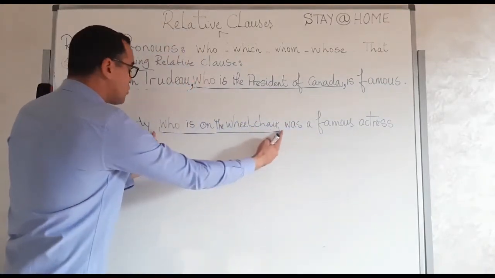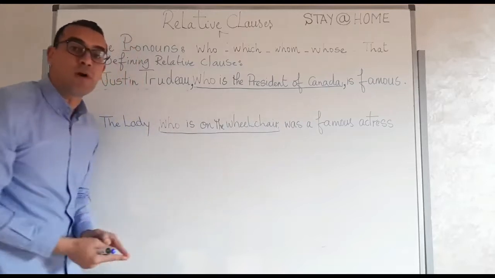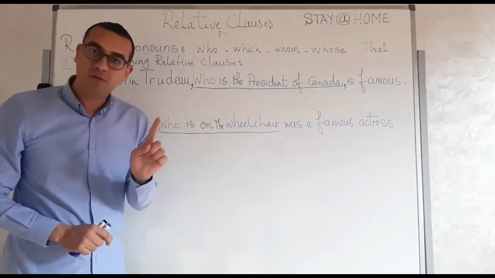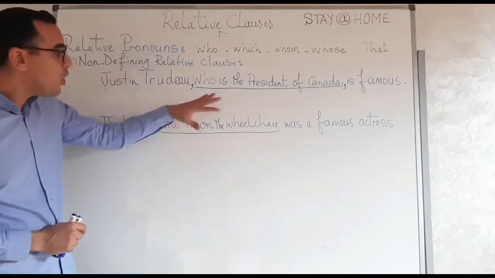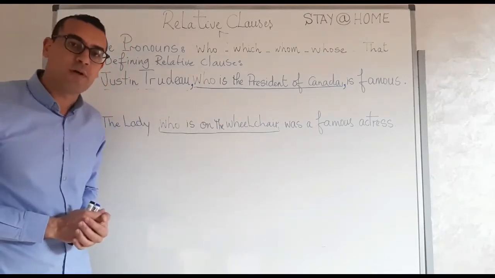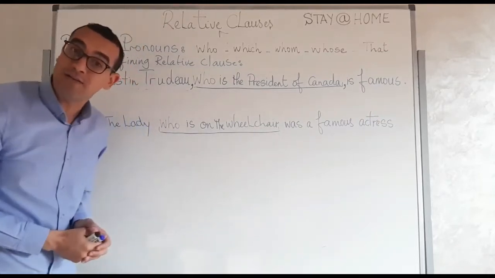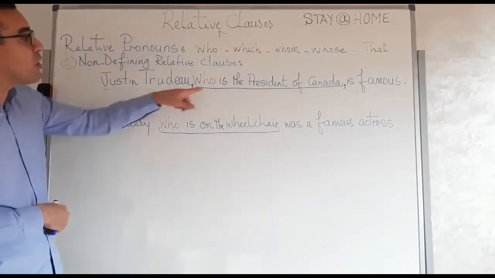So is the information given in the relative clause important or not? It is very essential. We cannot drop it. We cannot omit the relative clause. And we cannot limit it using two commas.